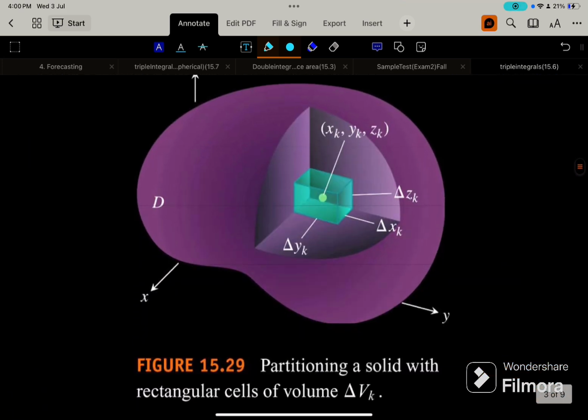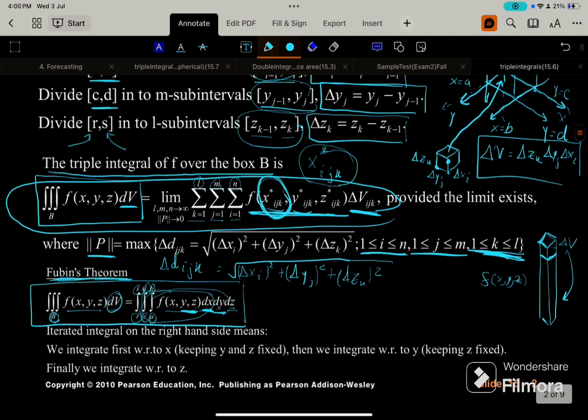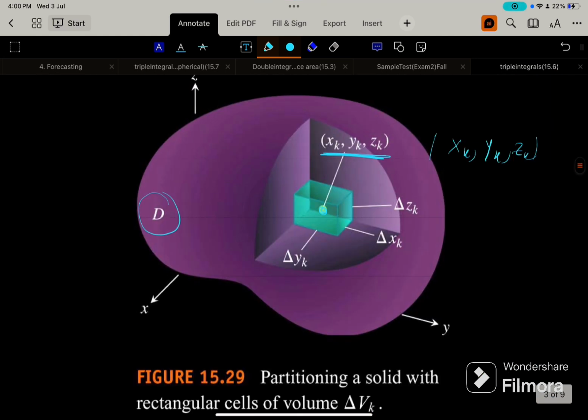Now, here is our box. This is our box. This is our D. And as you can see, this is what I was talking about: xk, yk, zk. This represents the point at the middle, which was here in our definition. It represents the point at the middle of this.